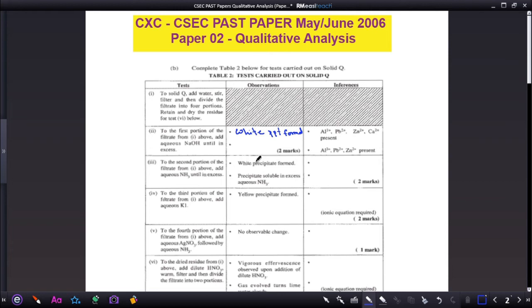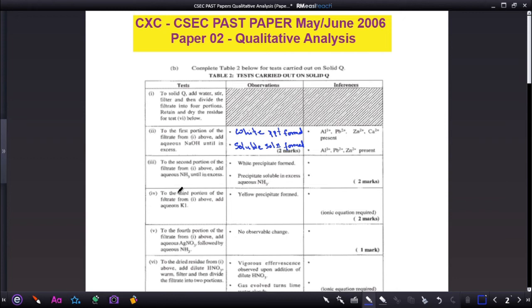The calcium ion, it is insoluble. However, in excess sodium hydroxide, aluminum, lead and zinc ions are soluble, or they dissolve in excess sodium hydroxide. So you can write soluble solution formed in excess. Right, so those ions would dissolve in excess sodium hydroxide.